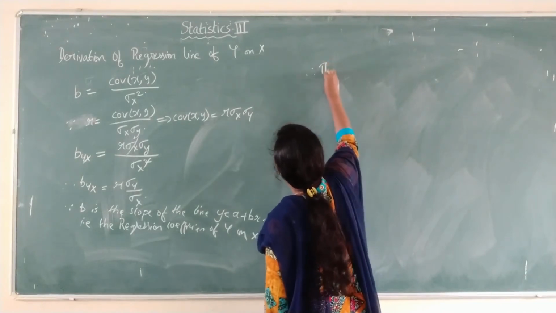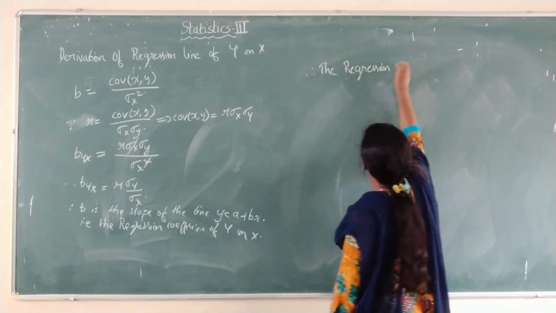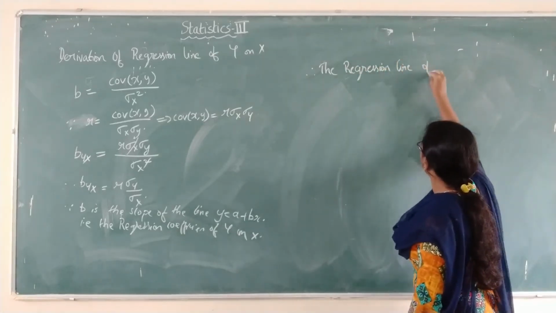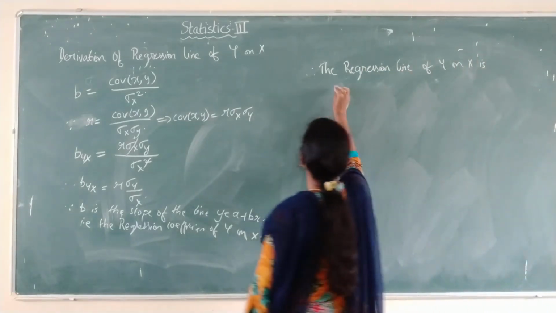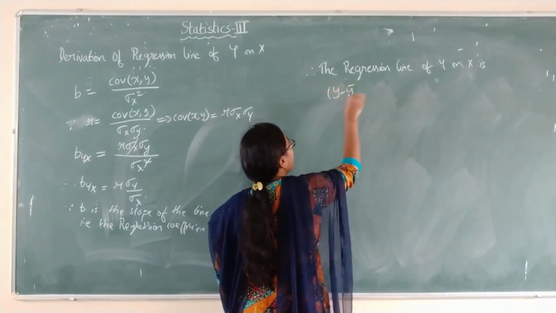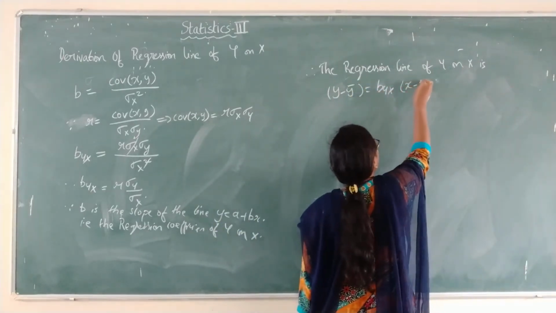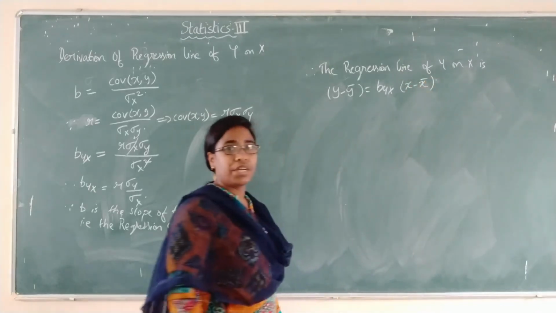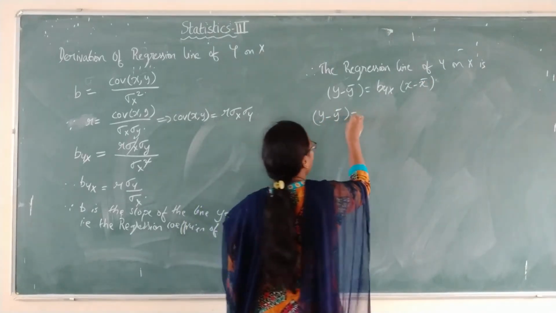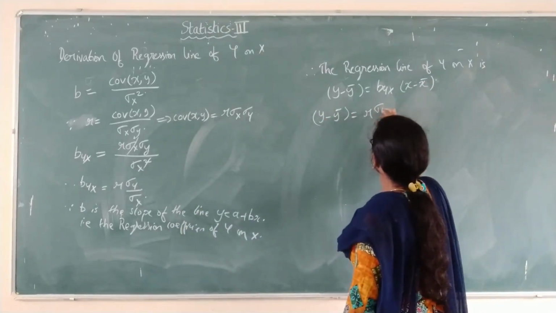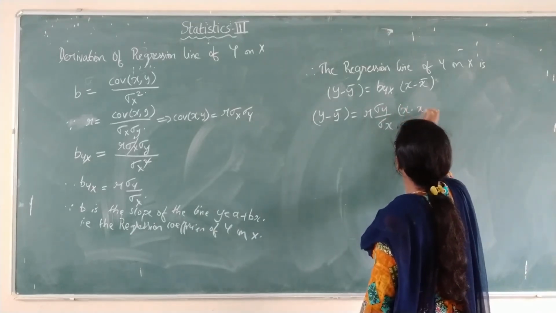So therefore the regression line of y on x is, what is the regression line? y minus y bar equals byx into x minus x bar. So after substituting the byx value, we get y minus y bar equals r into sigma y by sigma x into x minus x bar.